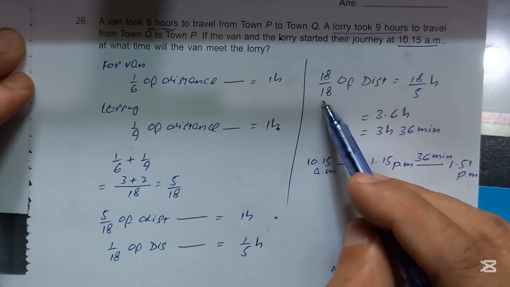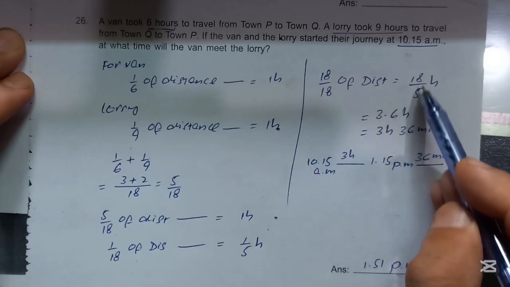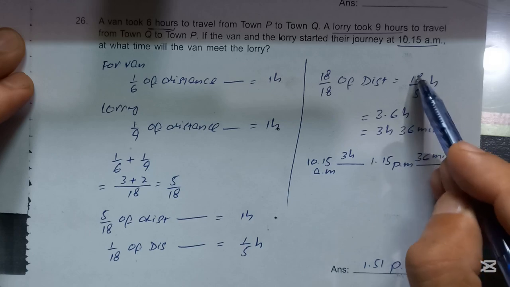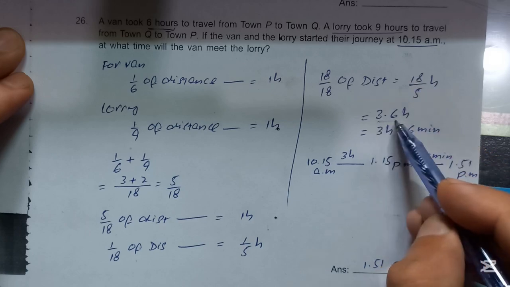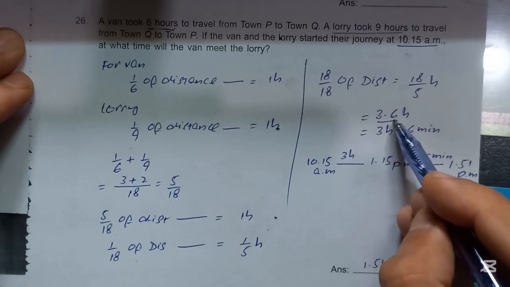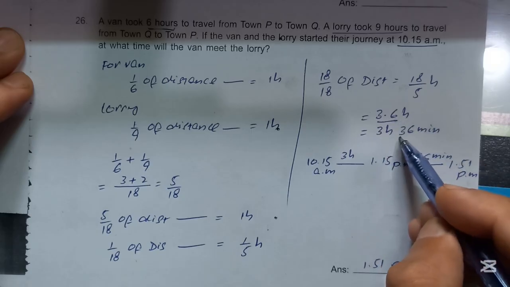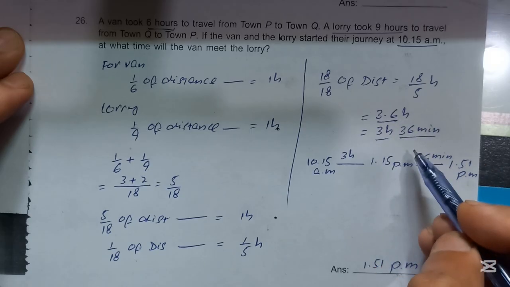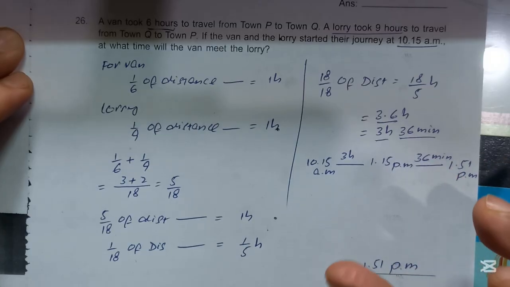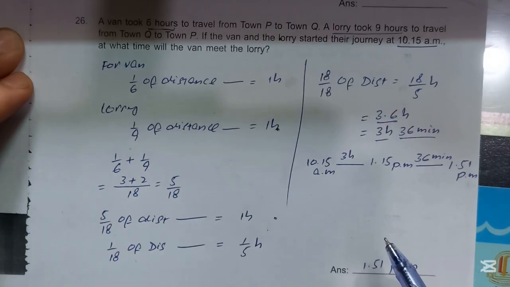So 18 by 18 of the distance will be equal to 18 by 5 hours. Solving this on the calculator will give us 3.6 hours, and 0.6 multiplied by 60 will be 36 minutes. So 3 hours 36 minutes is the time taken by both of them to meet each other.